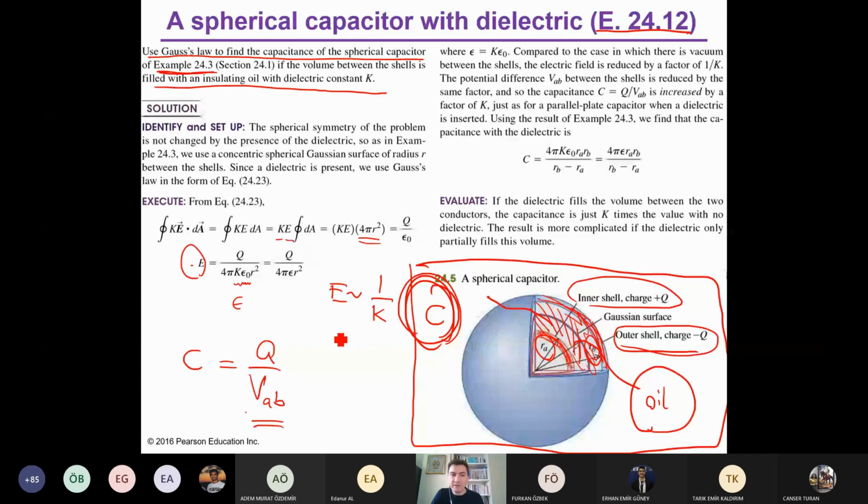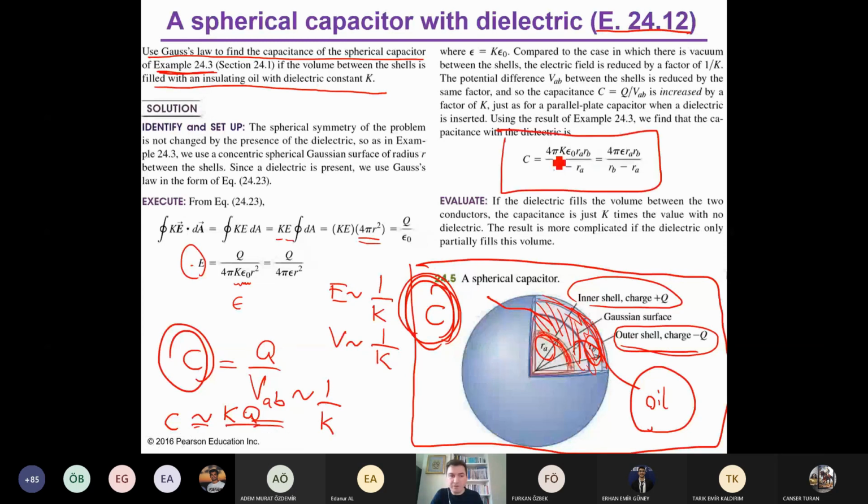Then for this capacitance, if you put here 1 over K, we will have this relation, K times Q and others. Look at this result, 4 pi K here. It comes here due to this relation in the potential difference between the spheres.